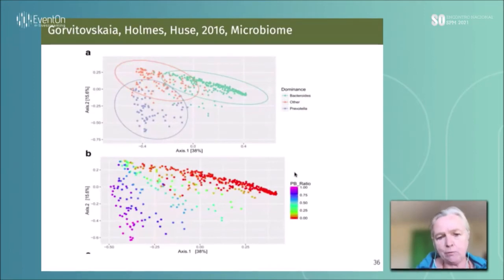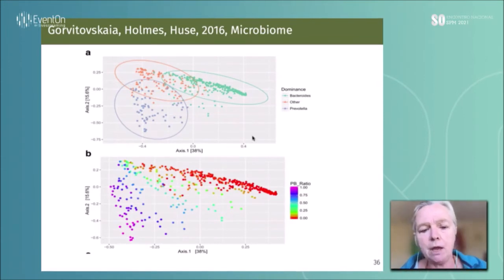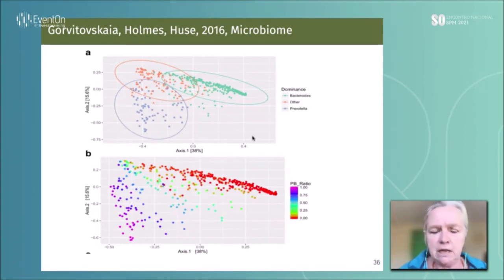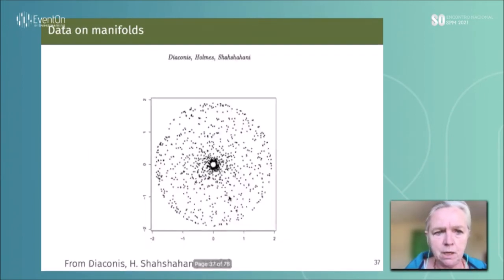And this is something which has occurred multiple times in microbiome data. We first saw it when people started doing the microbiome. They were thinking that maybe the best way to analyze the data was to find clusters. And that means you find a latent variable, an underlying variable, which is categorical, which takes only 3 modalities. But in fact, the underlying variables here are continuous. It's a continuum.